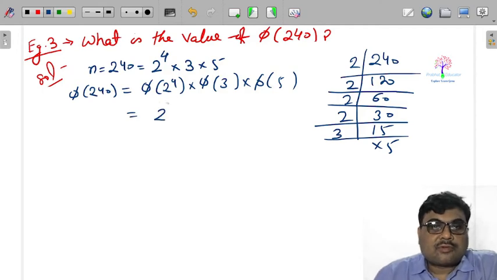The GCD of these factors, 2 to the power 4, 3 and 5, is 1, so we can write it like this.